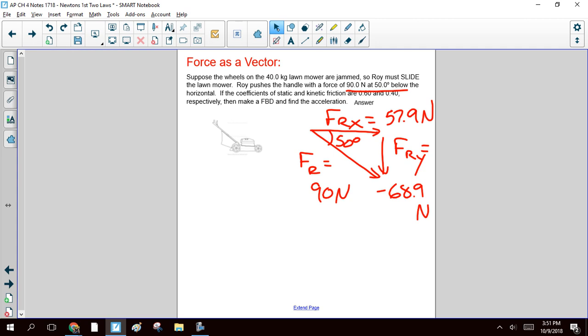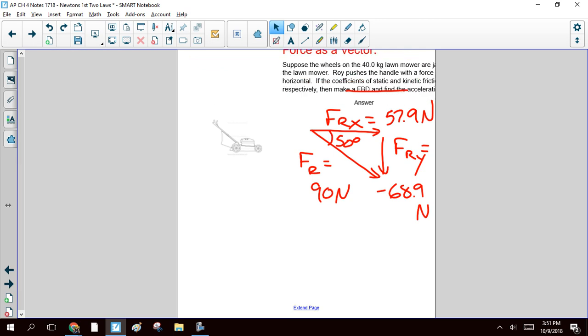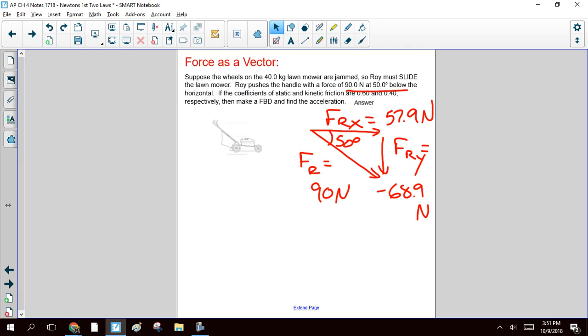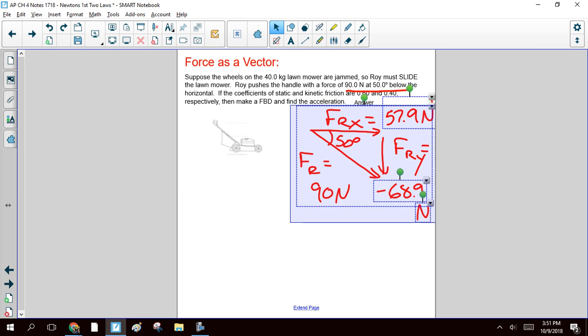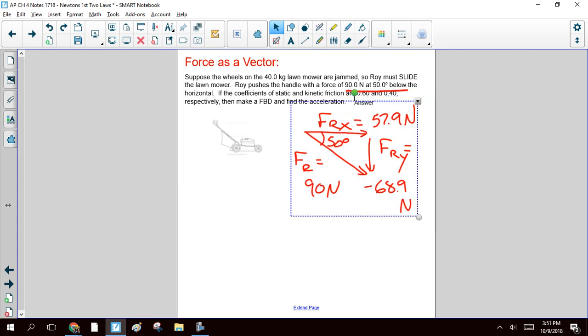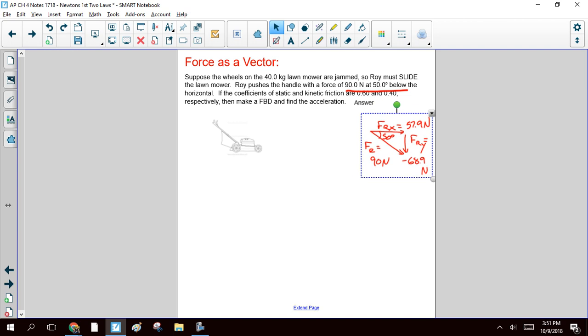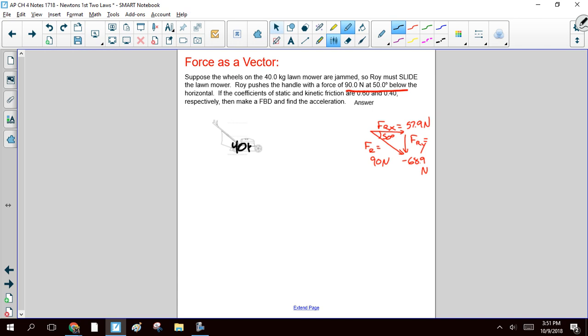All right. So I think we can now take that information and put it into our free body diagram. So let's go over here. Here's our lawnmower. We've got a 40-kilogram lawnmower, so gravity is going to pull it down. 40 times 9.8 is 392.